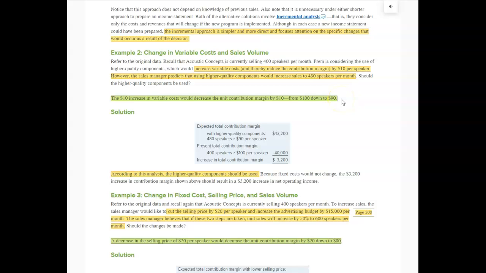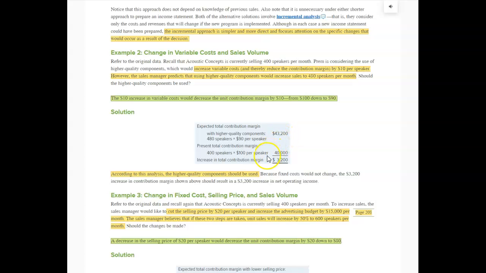So we were at $100 contribution margin per unit. If we increase variable cost per unit, our contribution margin will drop by that increase. So now, if we can sell 480 speakers, but only get 90 per speaker in contribution margin, then $43,200 is our new contribution margin.